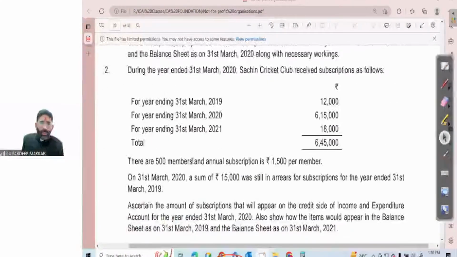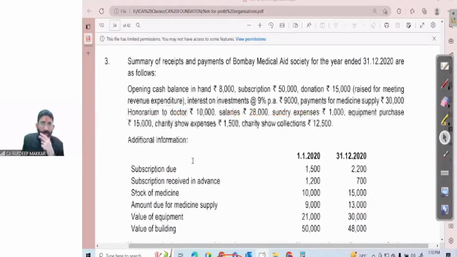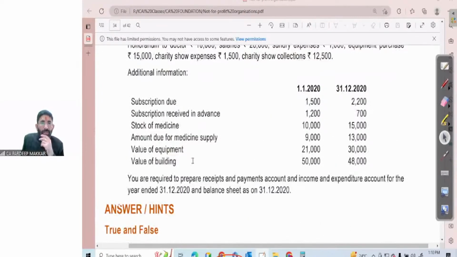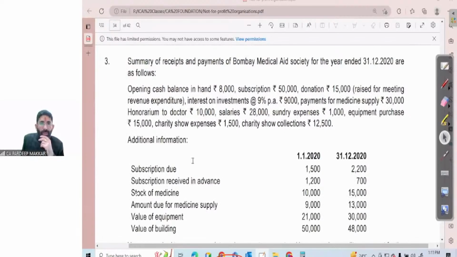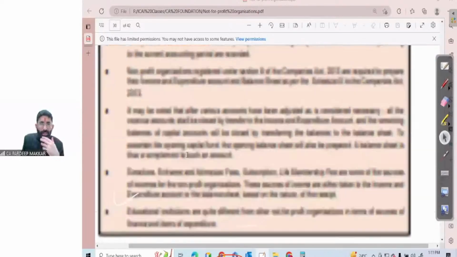I think you can do it because now you are doing it with me. You can do question number 2 also, which is very easy and understandable. This is not to be done by you. Third question I'll let you do. Okay, and then you will go for the illustrations.